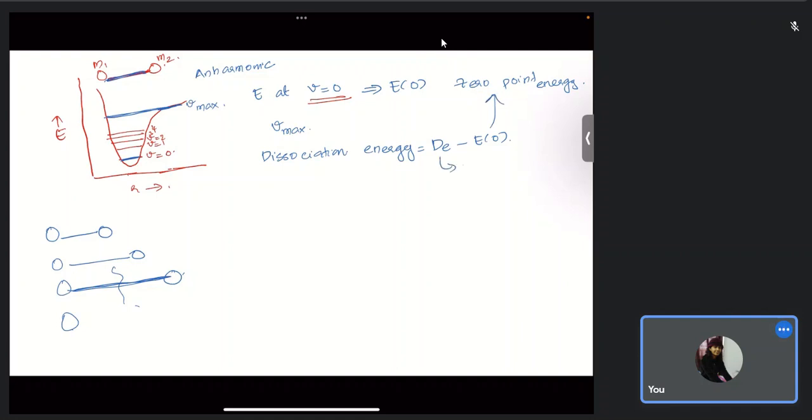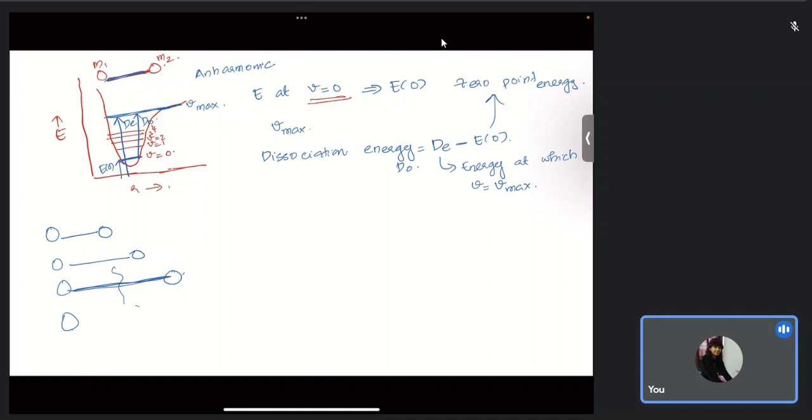E max is the energy at which V is equal to V max. So this is E max, this is E of 0, and dissociation energy is D0. Okay, so dissociation energy is the energy gap between the energy of the molecule at the maximum value of V and the zero point energy.